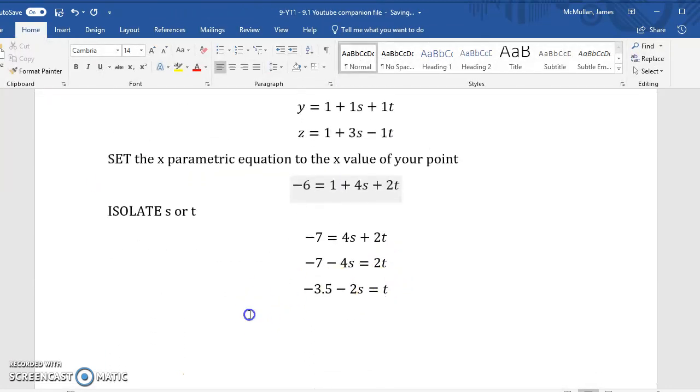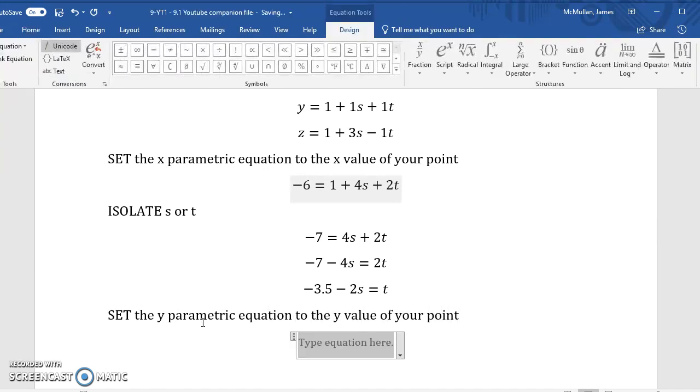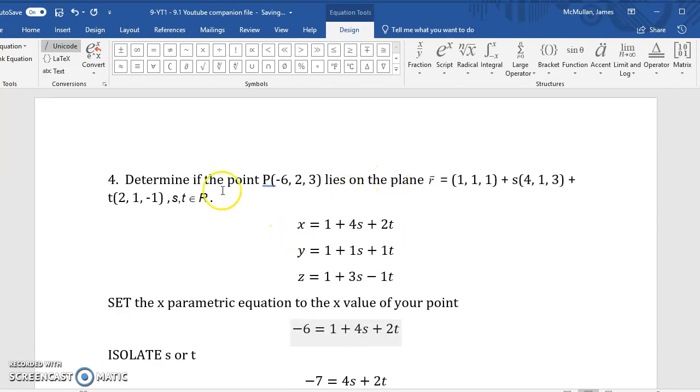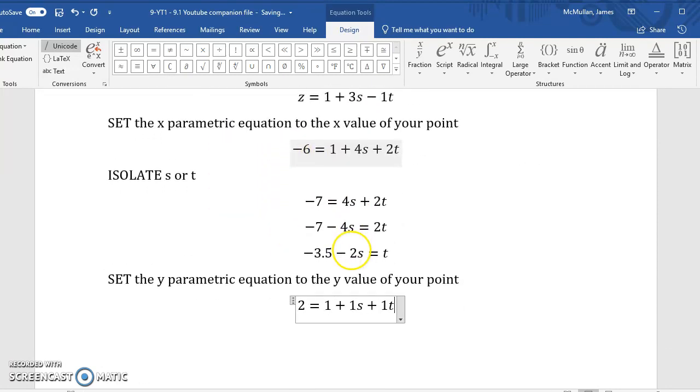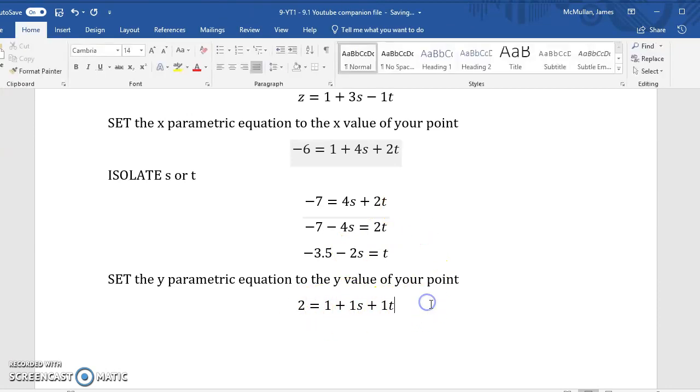I'm going to then set the y parametric equation to the y value of your point. The y value of my point is 2. So 2 equals 1 plus 1s plus 1t, right? That's the y of the point and then the y of the parametric equation. I'm going to replace the t with the substitution from my x parameter.